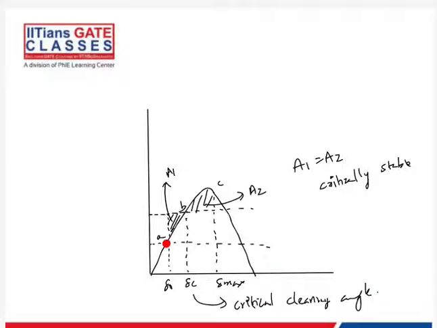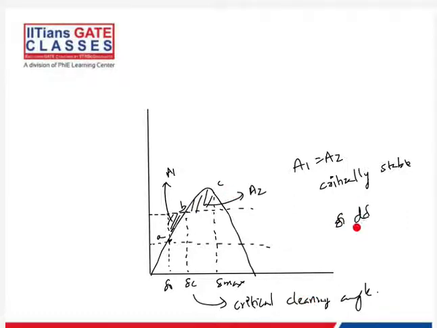Suppose this was the system operation point and a fault occurs and the system starts swinging. If you don't clear it by this point, then the system will swing out of control. So this is the minimum angle by which you have to clear the condition such that the areas are equal. If you clear after this point, A1 will be greater than A2 and the system in the oscillation will go beyond this point and out of control.